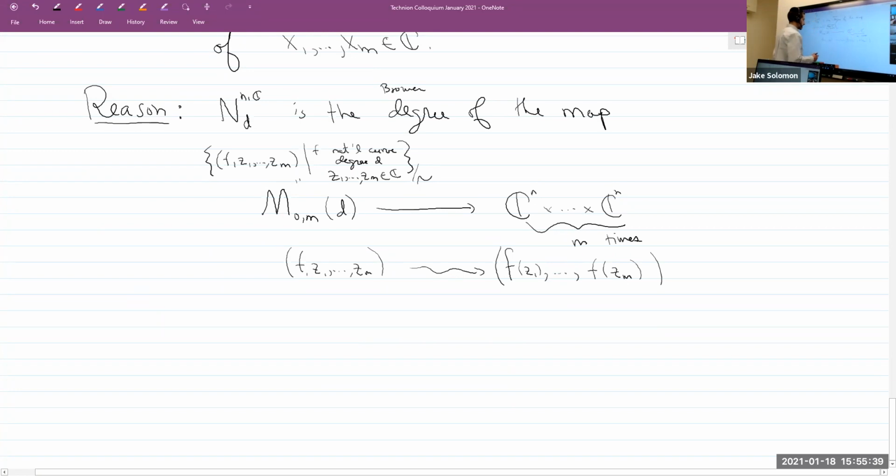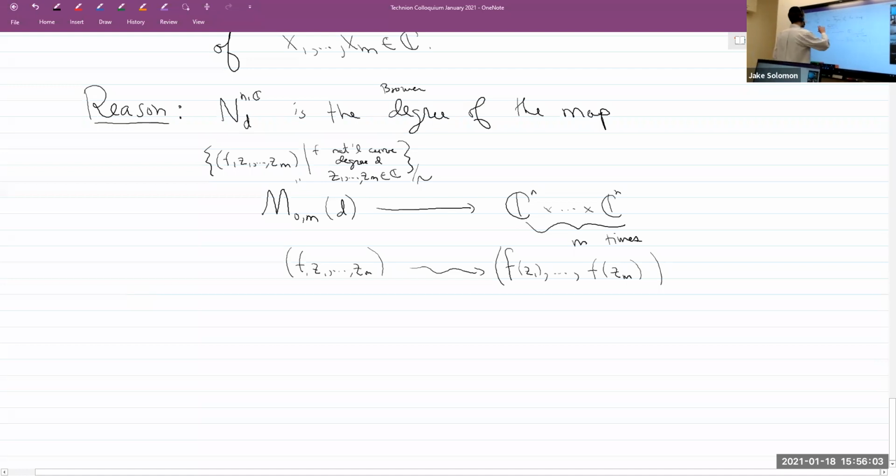And secretly, if you want to really make sense of this using degree, it's important that when you compute the degree of a map, the map actually has to be a map of, at least in the classical context of smooth topology, closed manifolds, compact manifolds without boundary, of the same dimension.